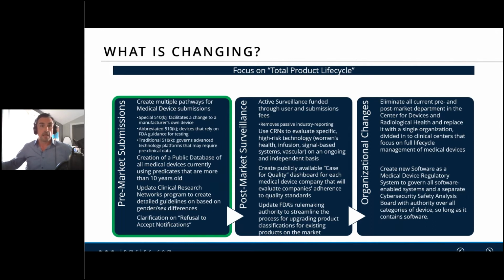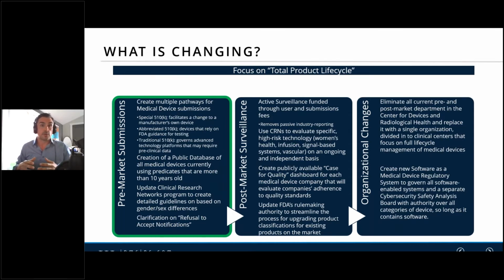We'll talk about that. Then moving to post-market surveillance, there are some changes that have been hinted at. There's some in public comment, but fundamentally, what they're talking about with post-market surveillance is really taking a more active role in surveilling post-market or approved products.